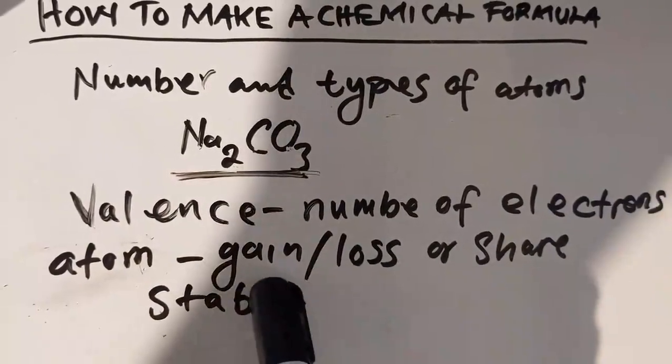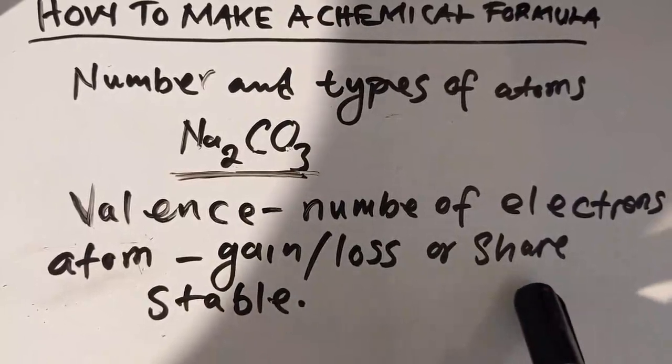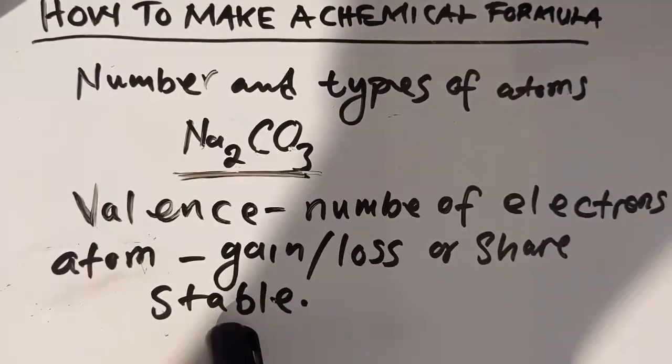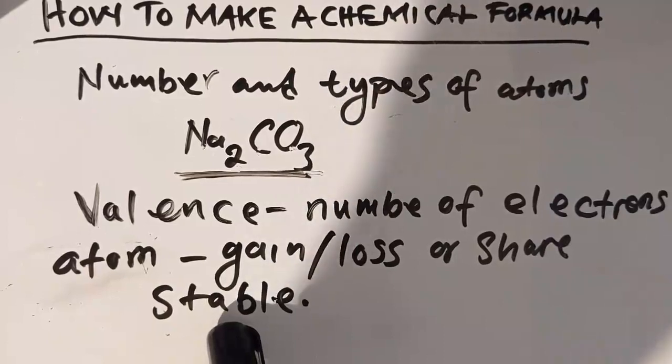Can either gain, lose, or share for it to be what? To be stable. That is what a valence number is.